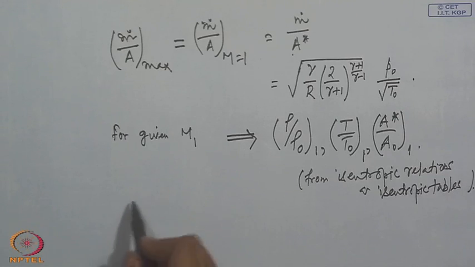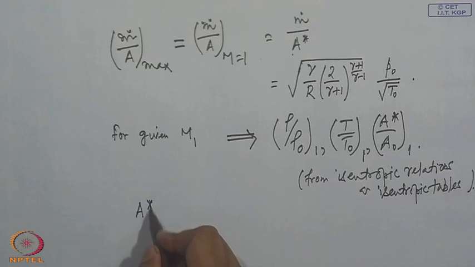Now, in an isentropic flow, A star is constant.